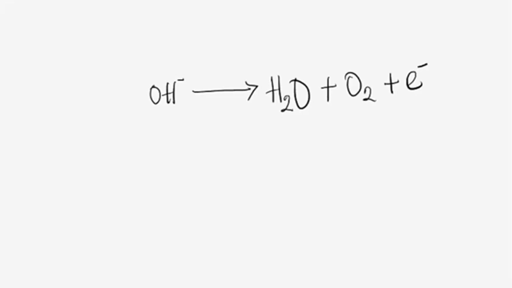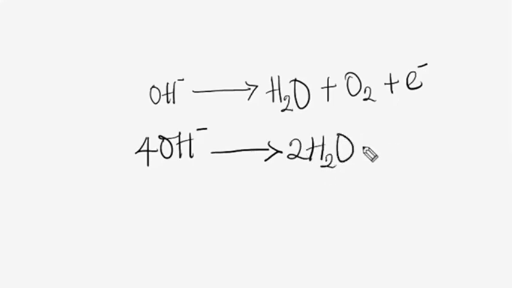How do we do that? We need to check how we can balance not just the elements but also the electrons. So for a balanced expression, this is going to be 4 hydroxide ions yielding 2 H2O and O2.